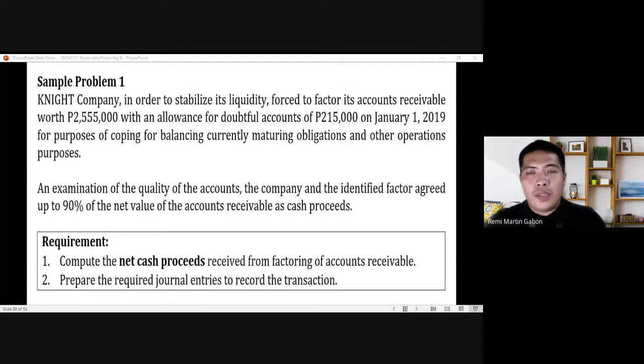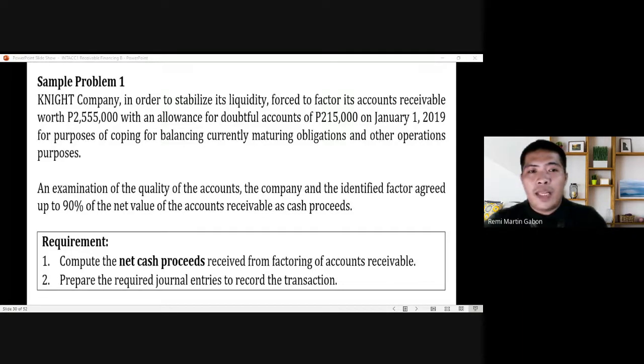But the net realizable value, or the net value, is the value of an account or of an asset less any uncollectibility or loss on realizability.